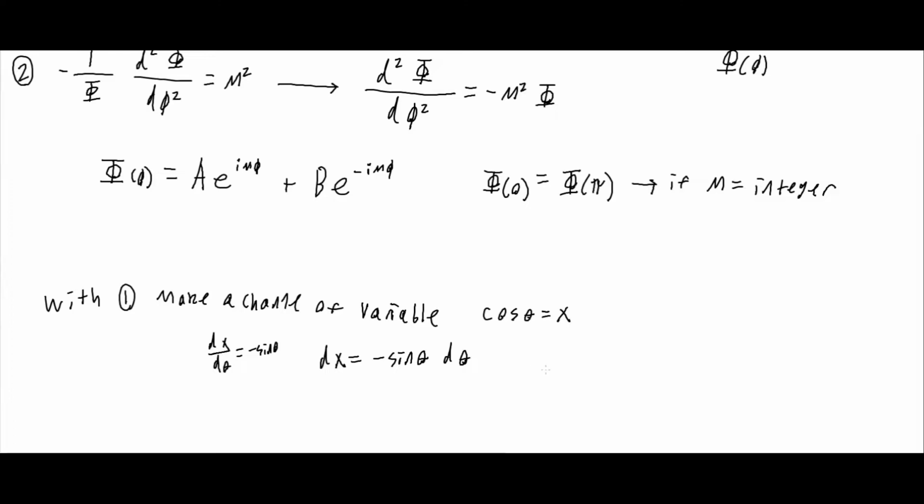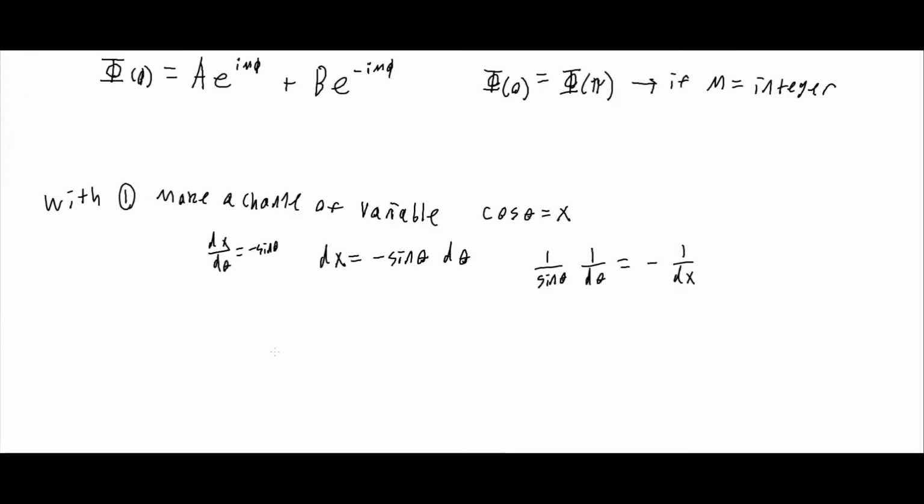But anyway, this also allows us to say that 1 over sine of theta times 1 over d theta is equal to minus 1 over dx.